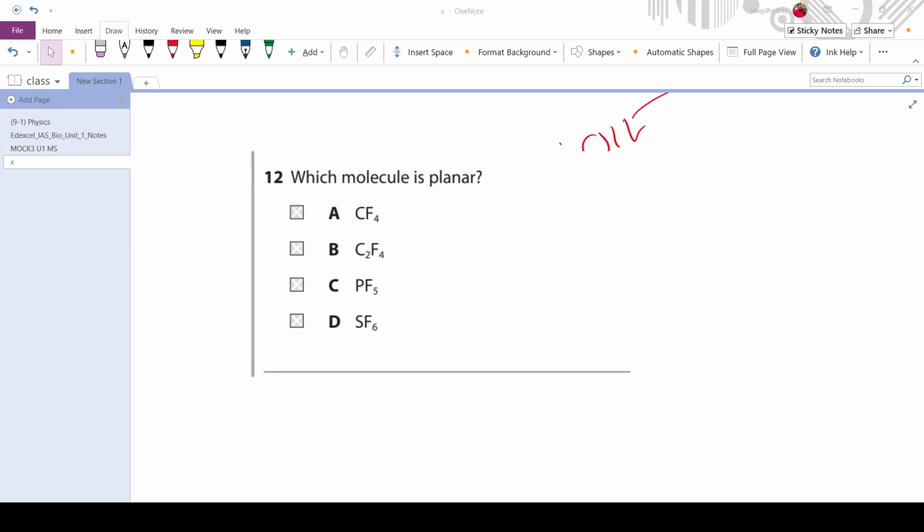This one. Which molecule is planar? They said. Okay.